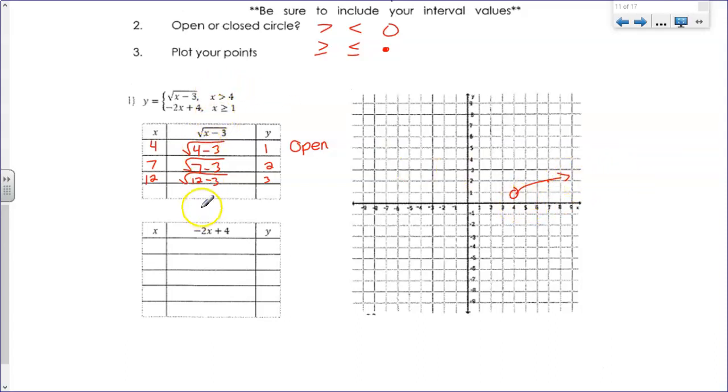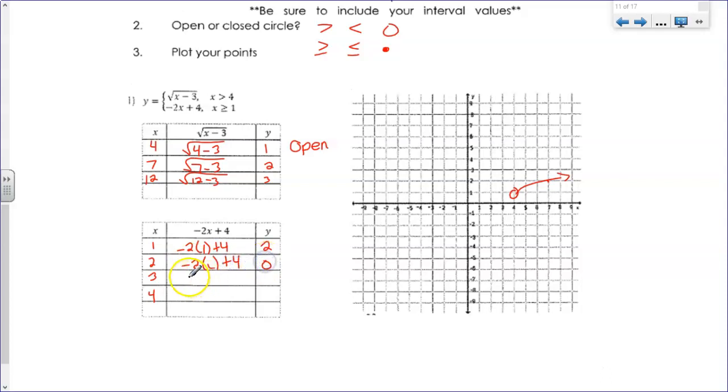Then on here, we have negative 2x plus 4 and x greater than or equal to 1. So I could use 1, 2, 3, 4. When I plug 1 in, I get negative 2 times 1 plus 4. Negative 2 plus 4 is positive 2. Then I plug 2 in.